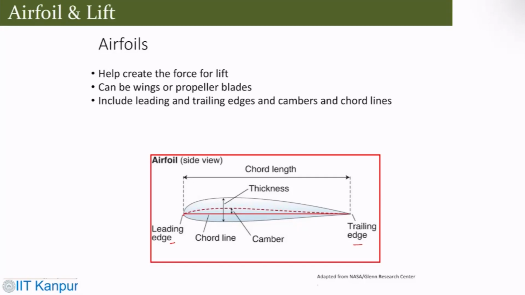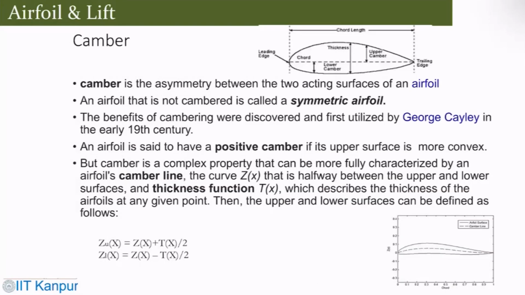Now, these are all cambered airfoils. If you see in this picture, you have the leading edge, trailing edge, chord length, and the chord connecting the leading edge and trailing edge divides the thickness into two segments.